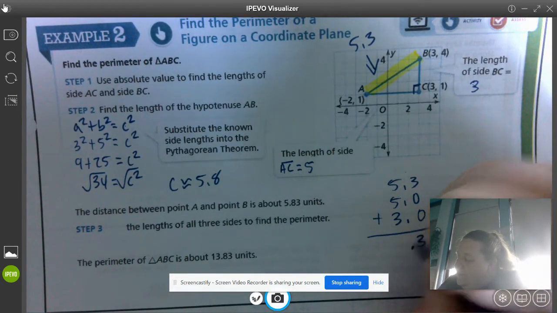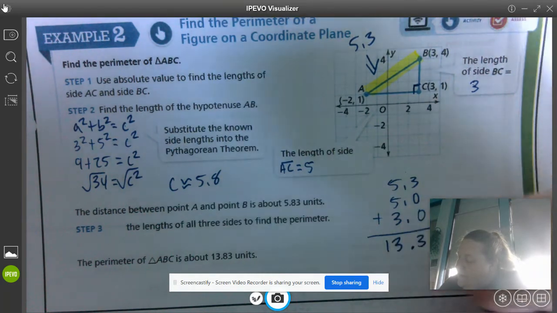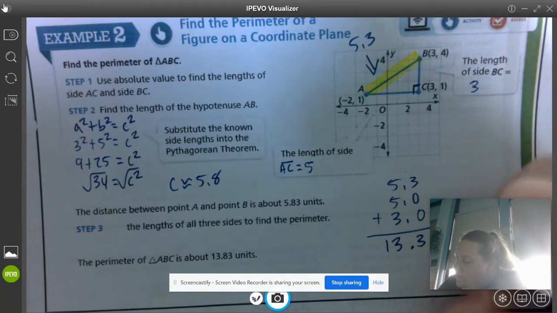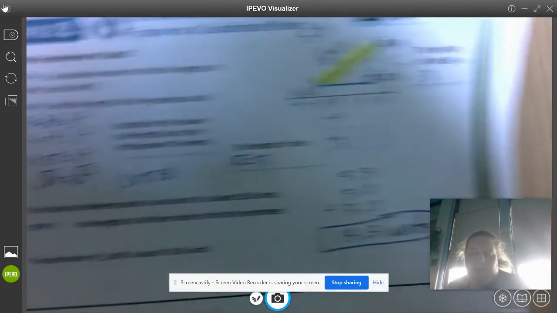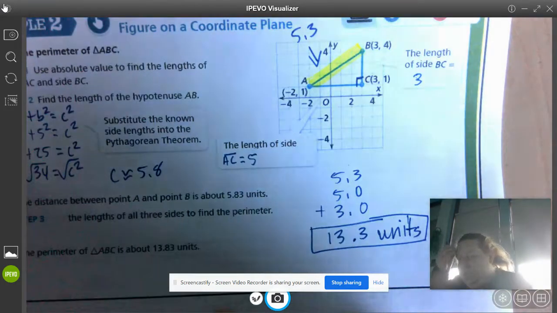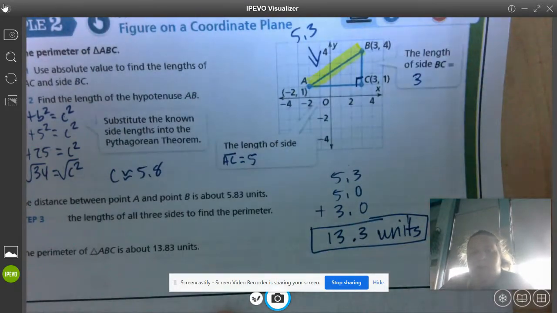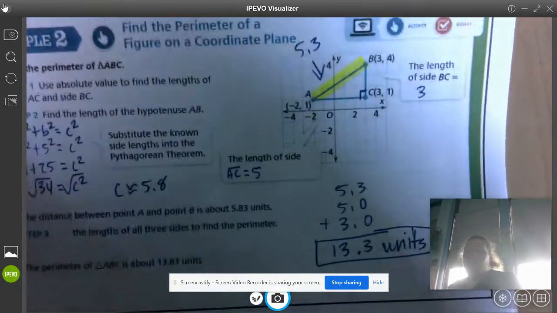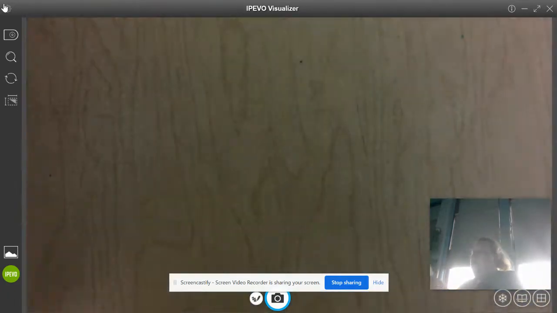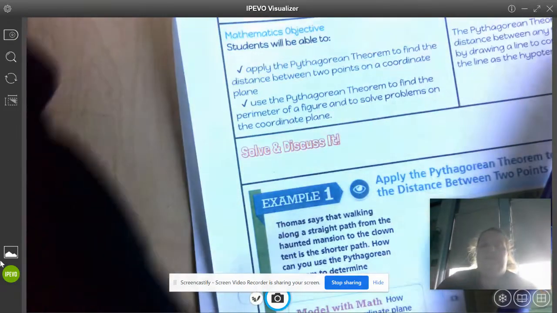So this is 0.3, 5, 10, 13 units. So that is the perimeter of the entire figure, okay? First we had to find the diagonal, and then we added up all the sides to see that it is 13.3. If you have any questions, let me know, and I will chat with you soon.